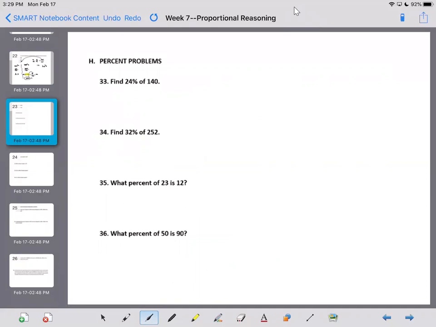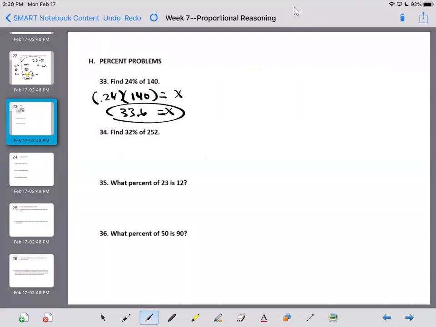So 24%, I would have to write that as 24 hundredths. I want to find 24% of 140. Remember with our lesson on decimals, when we're multiplying a decimal by a whole number, we're going to get smaller. So we're going to get 33 6/10 is our answer there.